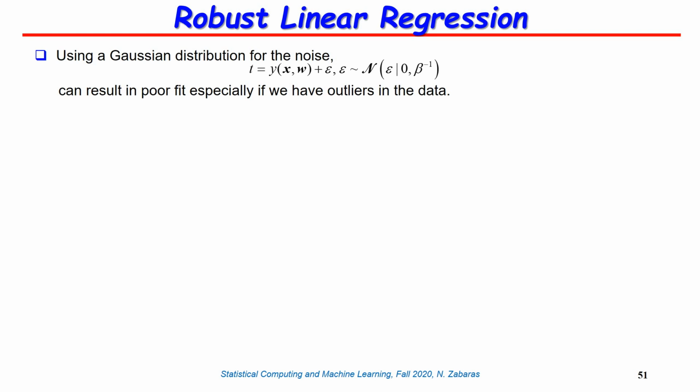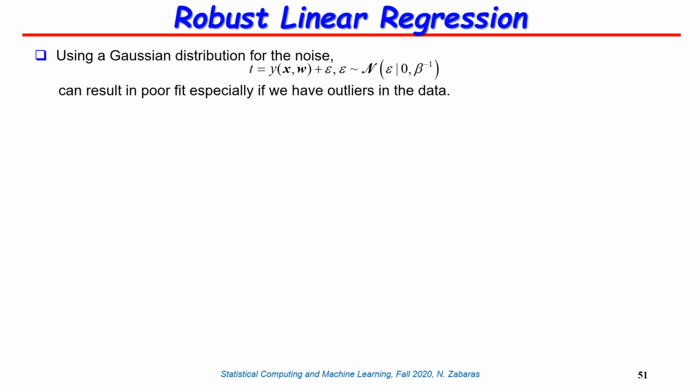So if somewhere you have an outlier, a point that is far away from reality, you're penalizing your model quadratically for the error that that outlier brings. And that is not good. So you would like to somehow have a softer penalization of outliers.